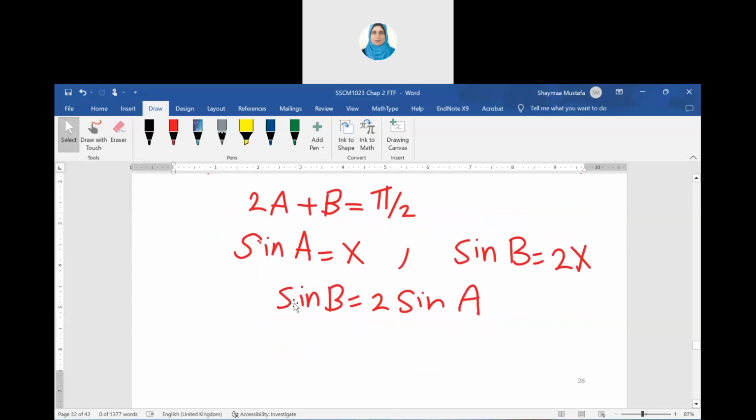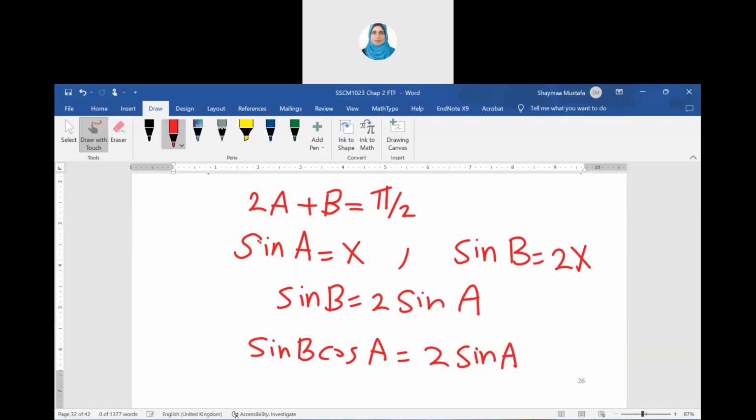Okay, because we don't have enough time, I will show you. Now sine b is equal to sine a. If I multiply both sides by cos a, then you have sine b cos a is equal to sine a cos a. This side is equal to what?